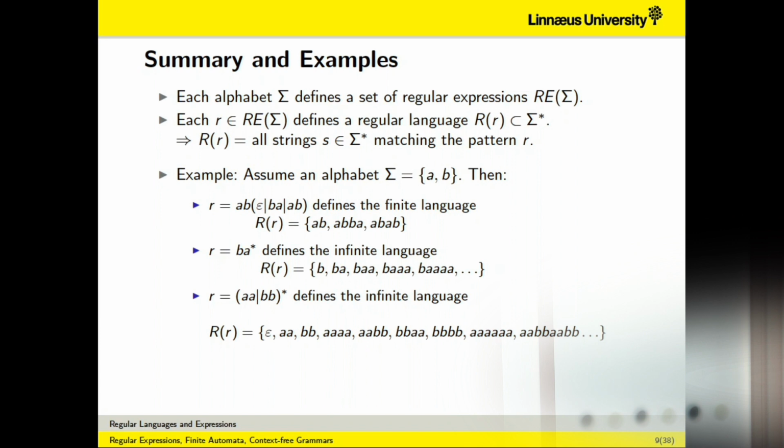If we pick the empty string and concatenate it with A and B, we get the word AB. Instead of this, if we pick this, we get another word, which is ABBA. And if we pick the other one, we get AB.